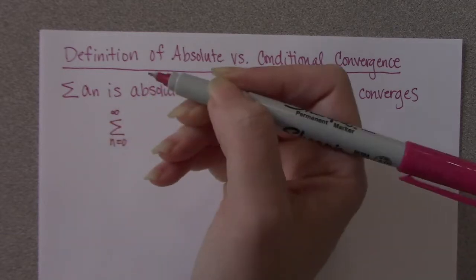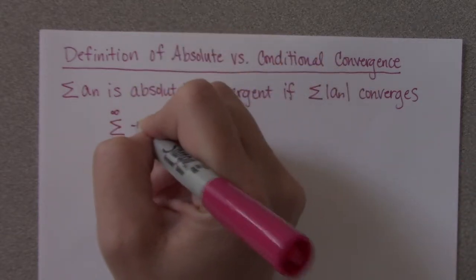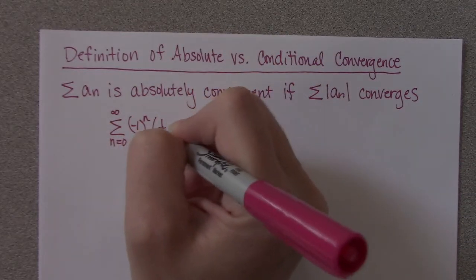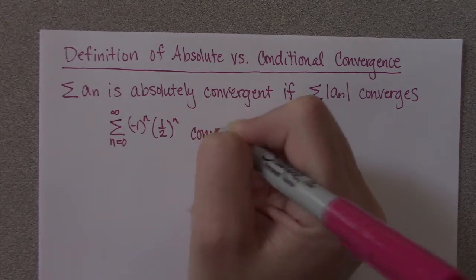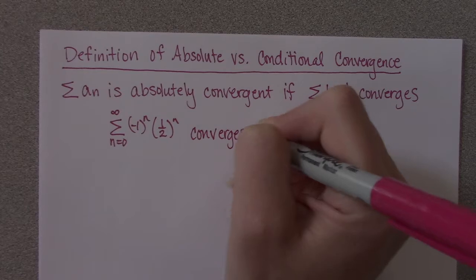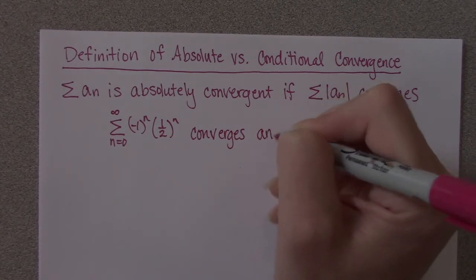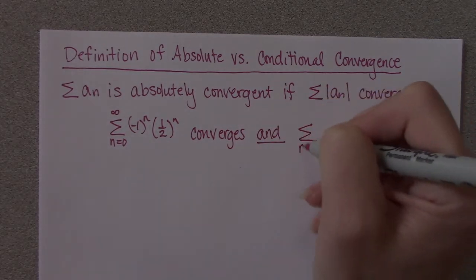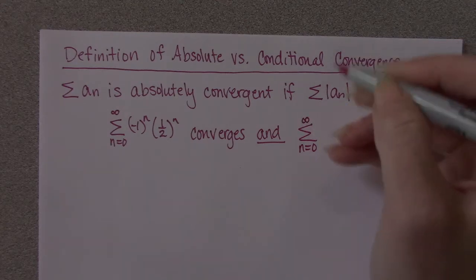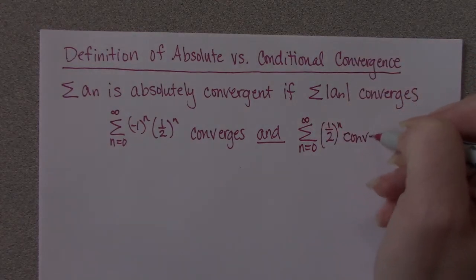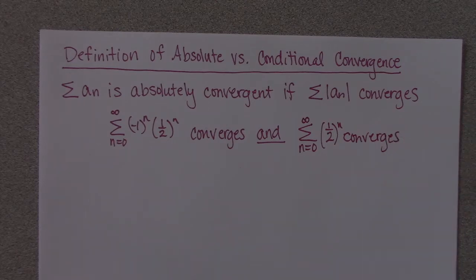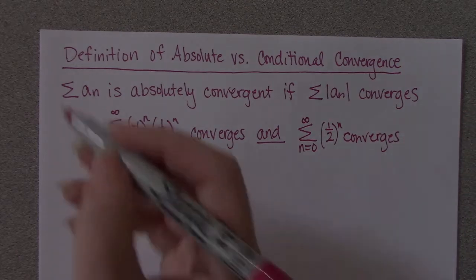And the example we used was (-1)^n over 2^n. The alternating series converged, and the series of positive terms converged. So there's an example of a series that is absolutely convergent.